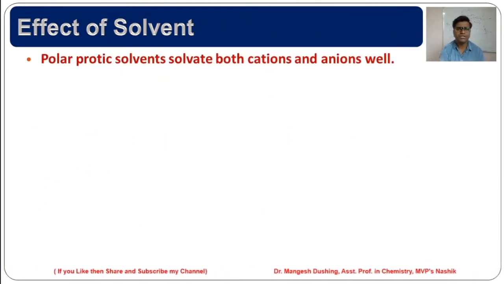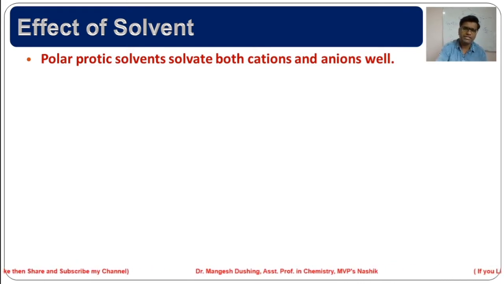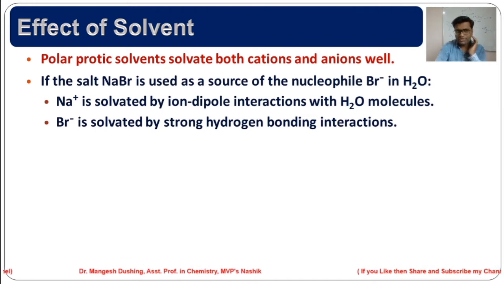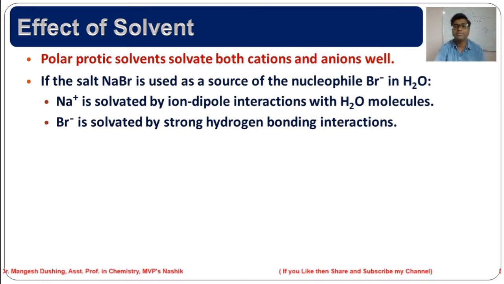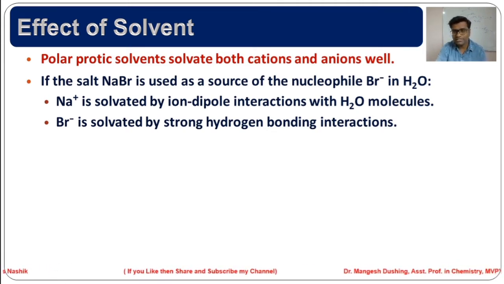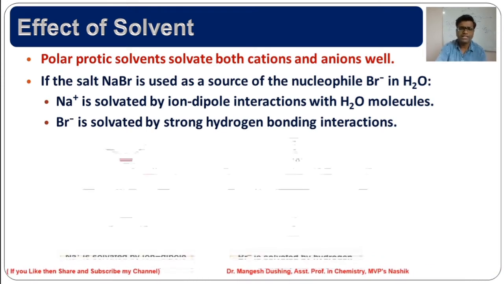In polar protic solvents, both cations as well as anions are solvated, like hydrogen bonding formations. If we are using NaBr as the source of nucleophile Br minus in H2O, H2O is a polar protic solvent. Na plus is solvated by ion-dipole interactions with water molecules.